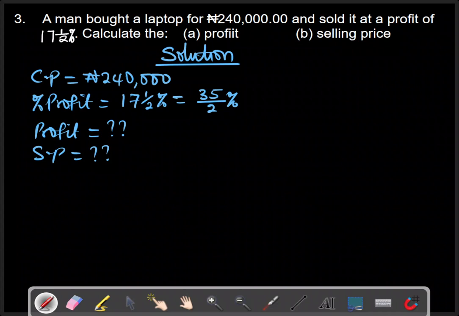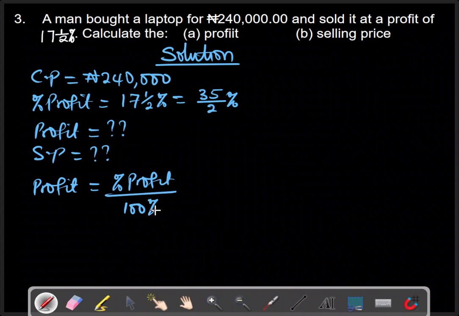Now let's get our profit first. So our profit is equal to what? The percentage profit all over 100% times the cost price.